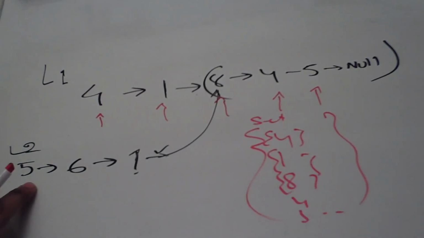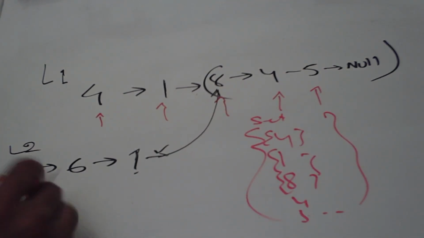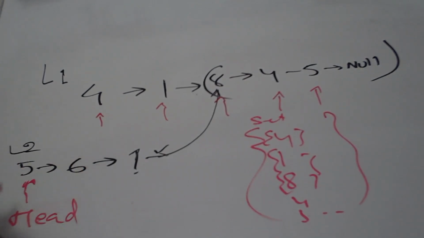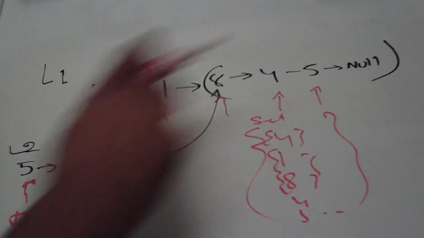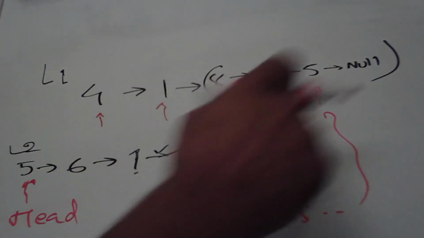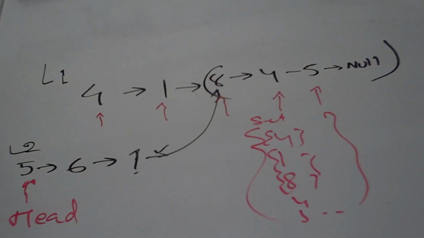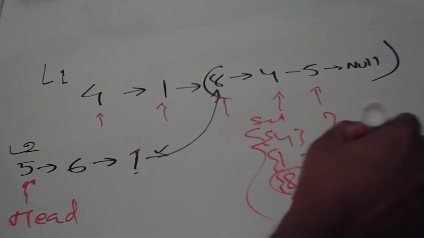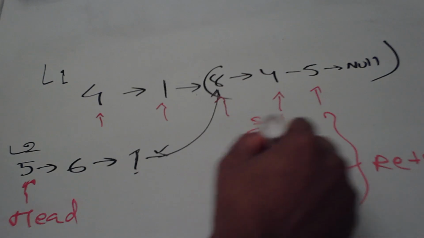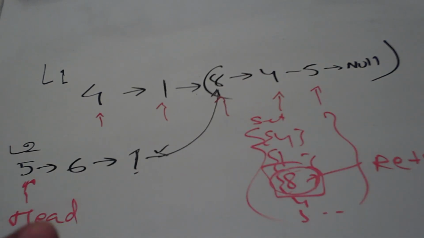The second time we're going to traverse from 5, the head of L2, from head to tail, and see if the node is present in the previous set. The time we find the node we can return it, and that will be the intersection. This is one way to do it.